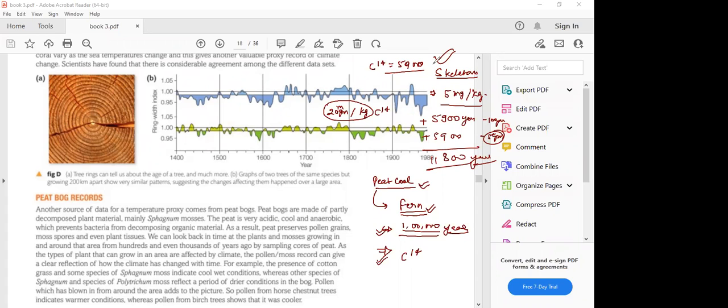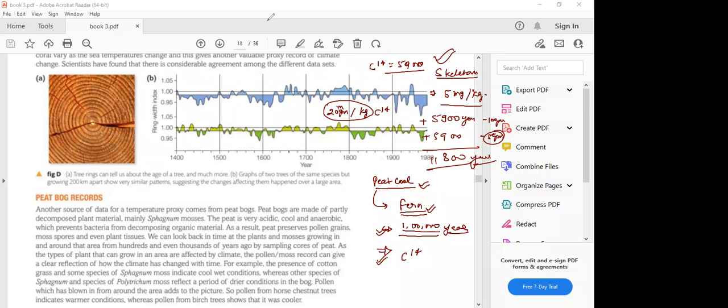There may be error in dendroclimatology, in this peat bog method, but there will not be any error in radiocarbon dating. That is scientifically proved. Clear? Yes, clear. Okay.